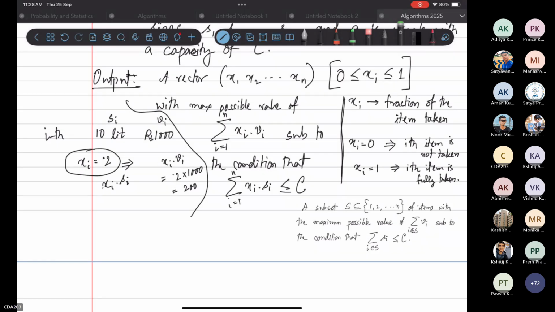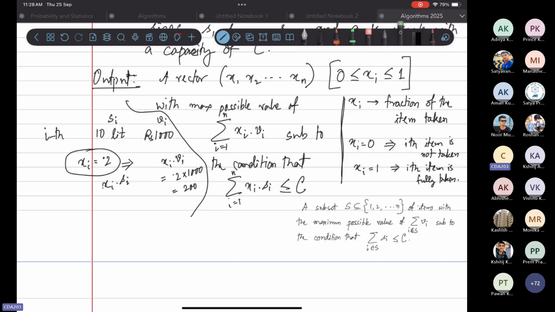And I have to do it for every item. That is the quantity that I'm trying to maximize. And again, similarly, we have this capacity constraint. What's the total fraction of items I'm choosing out of all of those n items? What is the amount that I'm choosing in my knapsack? And that should not exceed the total capacity, right? I hope this is clear.